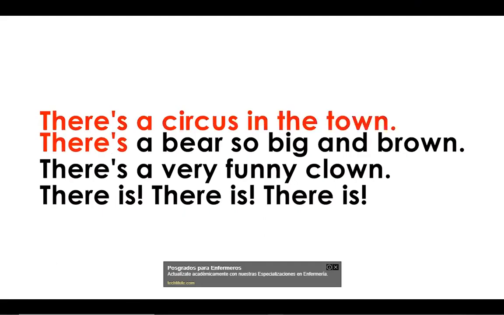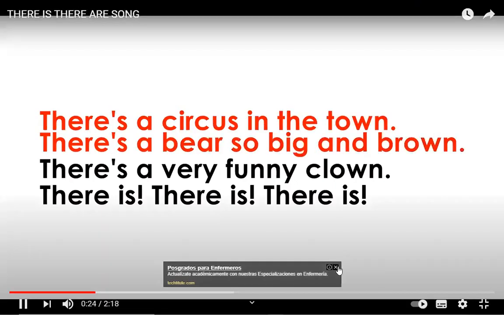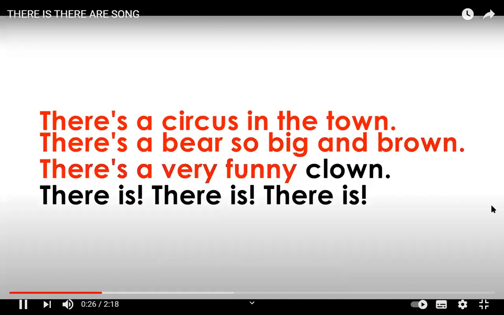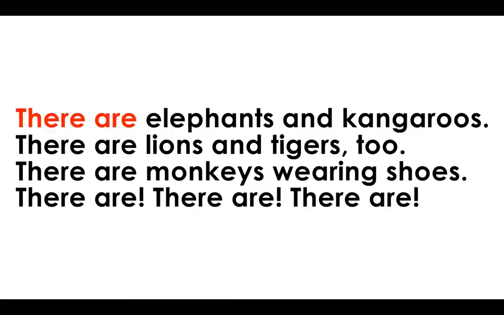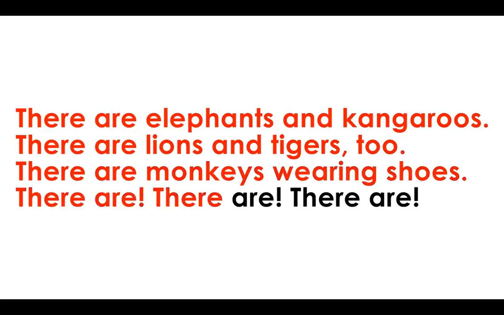There's a bear so big and brown. There's a very funny clown. There is. There are elephants and kangaroos. There are lions and tigers too. There are monkeys wearing shoes. There are. Are there crocodiles?